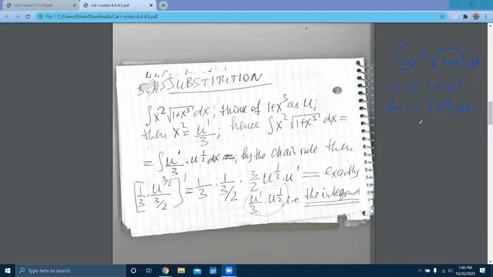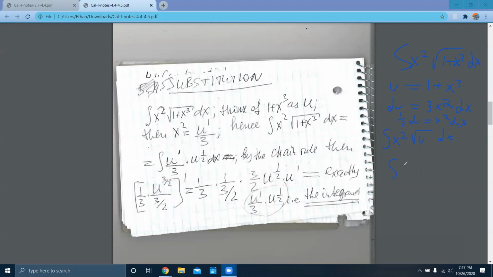So now, what do we have left in the function? The function looks like this right now. We have x squared times the square root of u. So we need to get just an x squared on this side. Oh, there's dx here too. So we can get rid of that x squared and dx. So we're going to divide by 3, and we're going to get 1/3 of du is equal to x squared dx. So now we can sub it in.